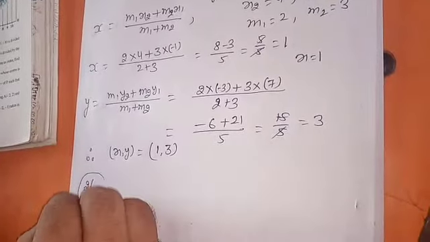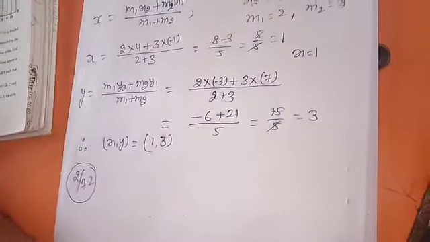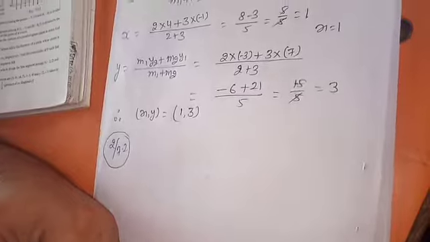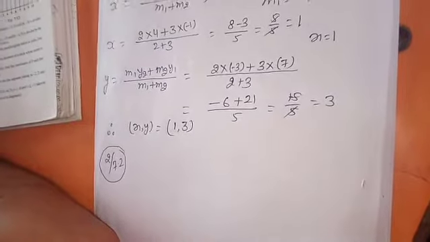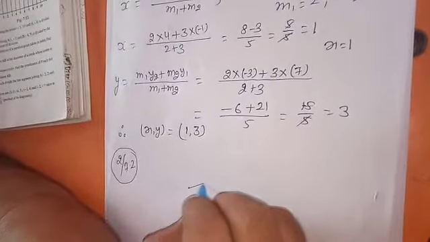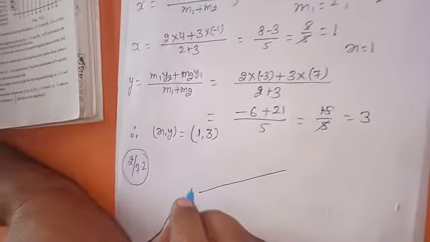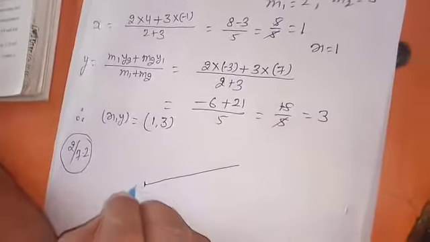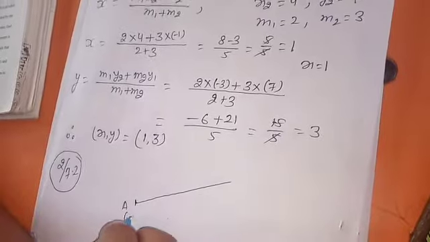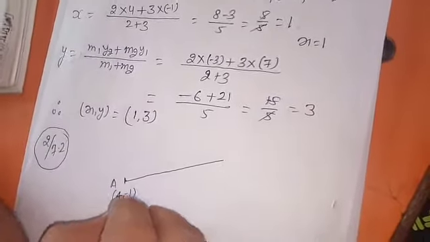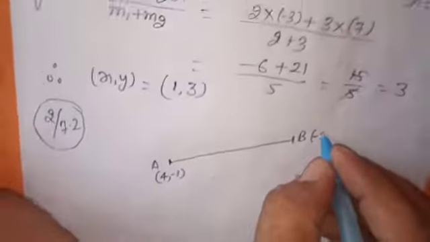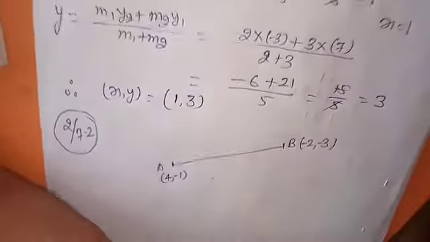7.2. Find the coordinates of the points of trisection of the line segment joining these points. So this is a line segment, whose point A has coordinates 4 and minus 1, and B has coordinates minus 2, minus 3.